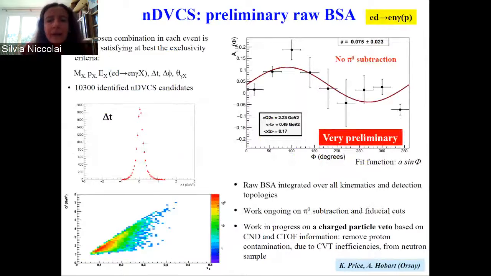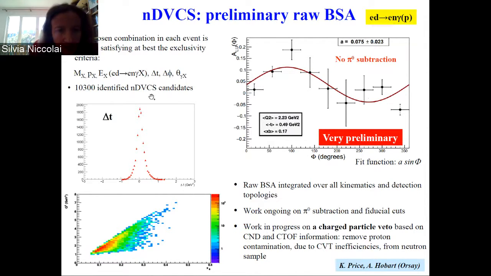And coming to the results, after the selection of the final state, we have a combination of several exclusivity variables that we look at, and guided by the Monte Carlo, we apply cuts and we select the final state.